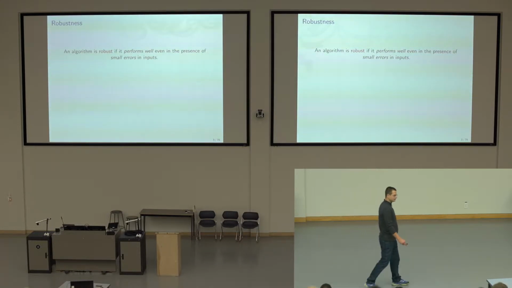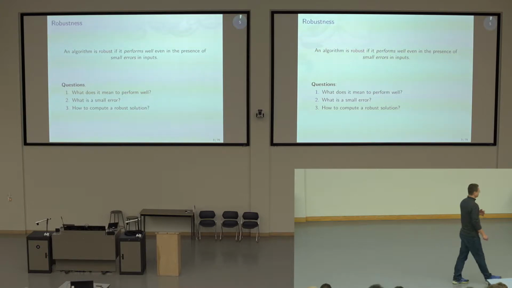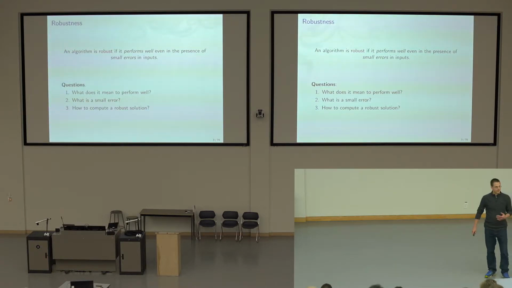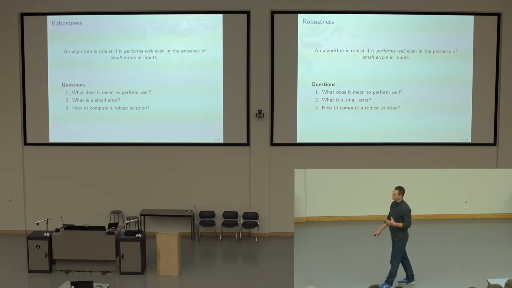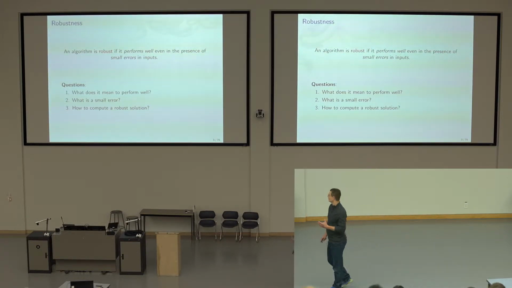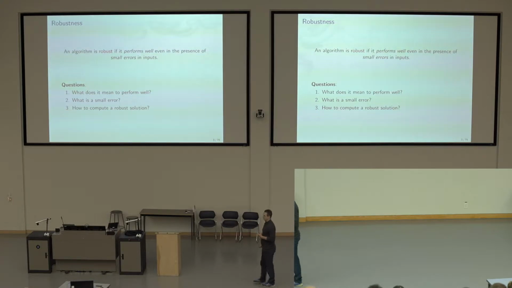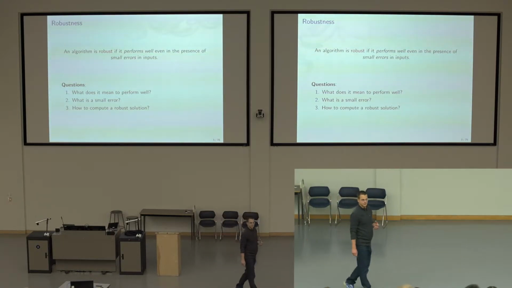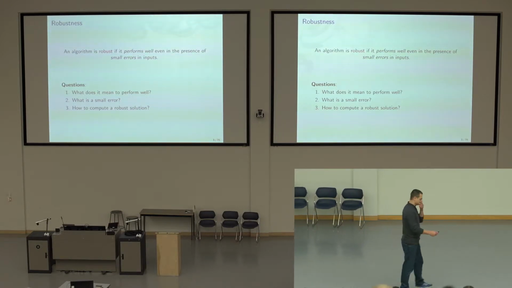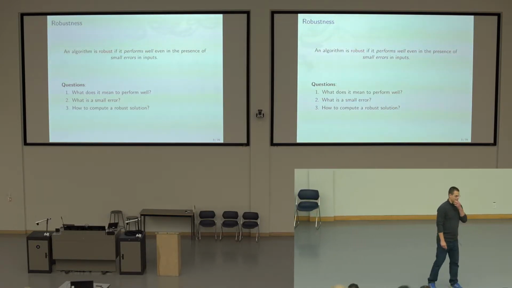This is still pretty vague. So in this talk, I'm going to answer these three questions. What does it mean that the algorithm performs well? What is a small error? And how do we actually compute this robust solution? How can we get a robust solution in reinforcement learning?